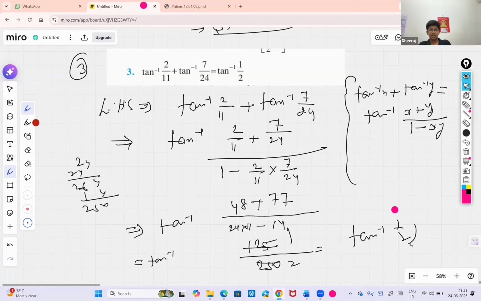Why minus 14, sir? Where did it come from? I'm not adding, I'm dividing, I'm only subtracting. So tan inverse of 48 plus 77 by 24 into 11 minus 14. 24 into 2 is 48 plus 11 into 7, 77.